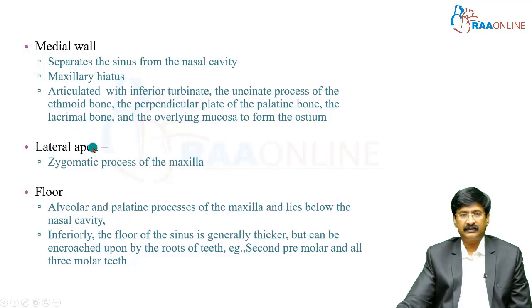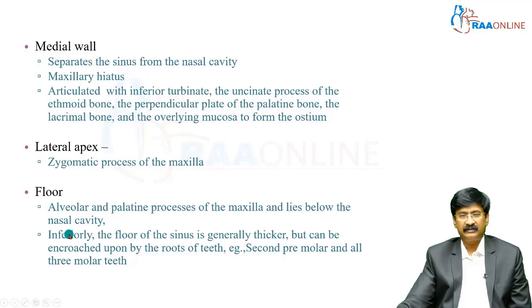On the lateral apex, you have an extension of the zygomatic process of the maxilla, where the zygoma gets attached to the maxilla, whereas the floor forms the alveolar and palatine process of the maxilla and lies below the nasal cavity. So, it separates the maxillary sinus floor from the oral cavity.